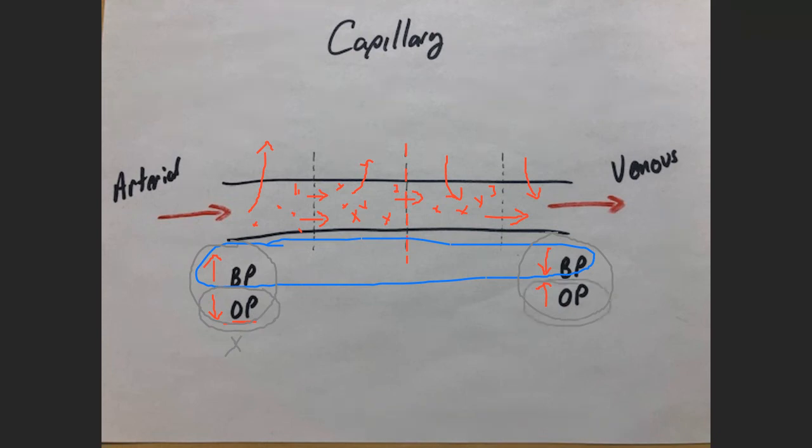If we lost equal amounts of fluid into and out of that capillary, the osmotic pressure on the arterial side should equal the osmotic pressure on the venous side. Blood pressure drops down from left to right. If we were to graph pressure, blood pressure drops off from left to right. However, the osmotic pressure increases.